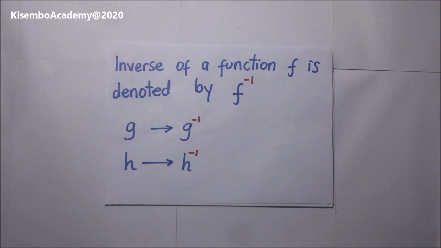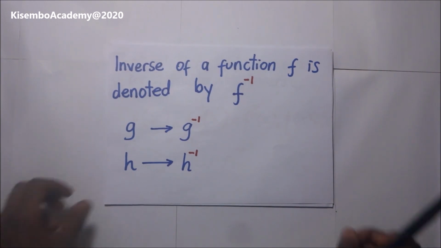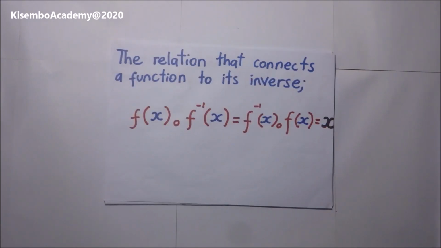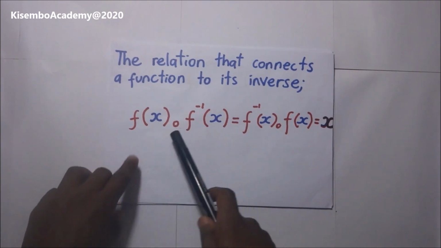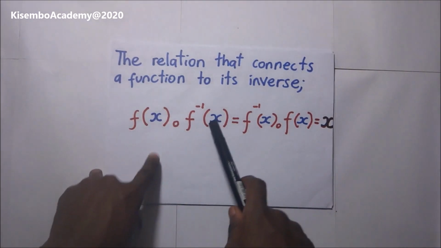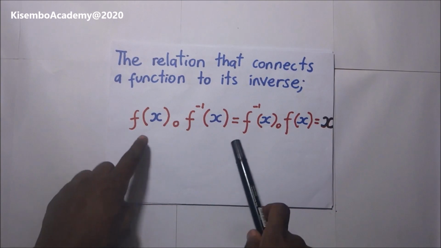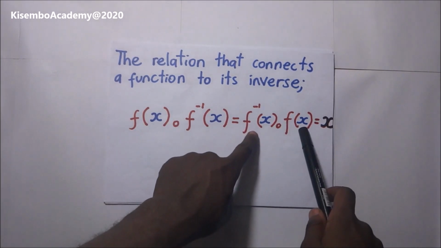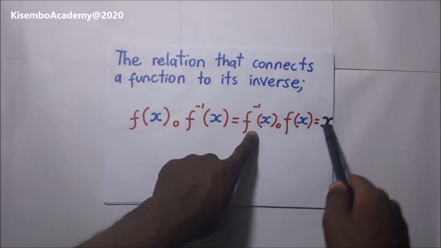For a function to have an inverse, it has to satisfy a certain relation. If that function is made a composite of its inverse, the result is supposed to be equal to x.